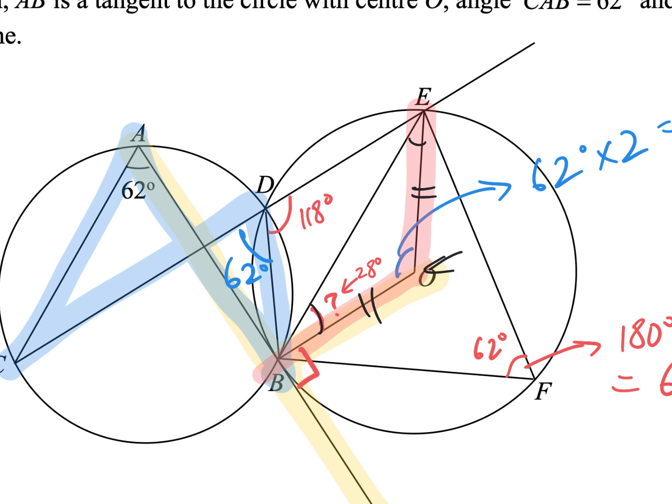So if this is 28 degrees, and this is 90 degrees, that means ABE is not difficult to find anymore. This must simply be 180, subtract away 90 and 28.